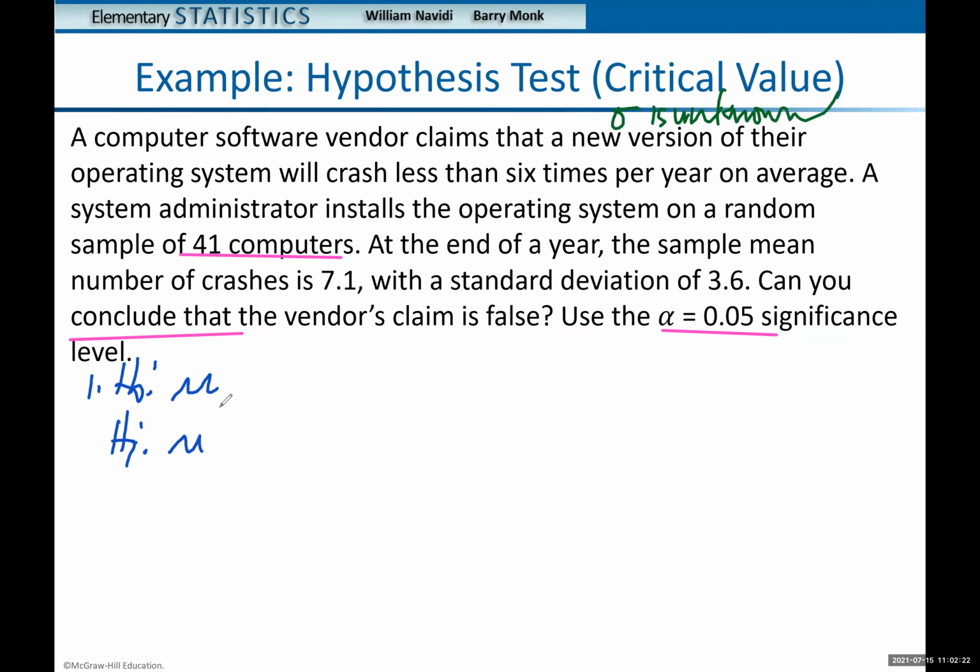If you're using mu, that means this is the population mean. But 7.1 is a sample mean, so be careful. That's why we cannot use 7.1.